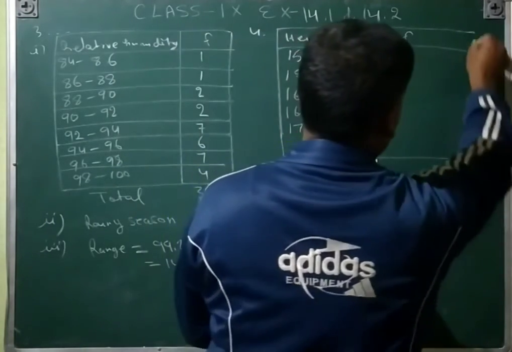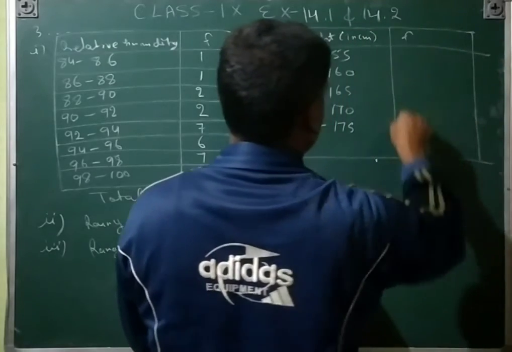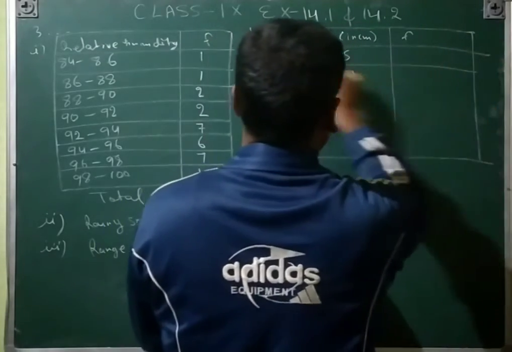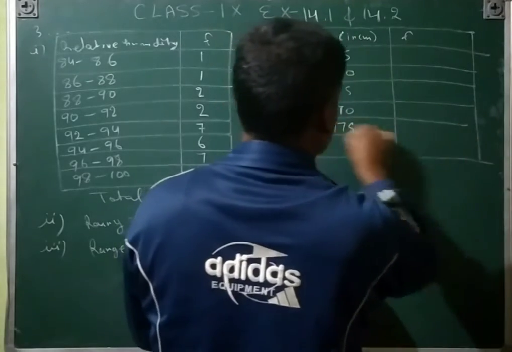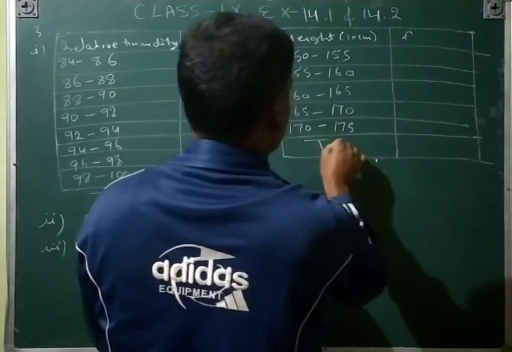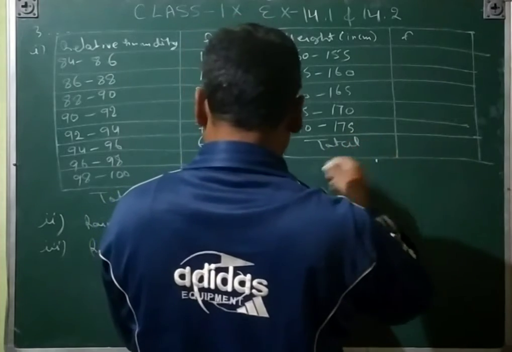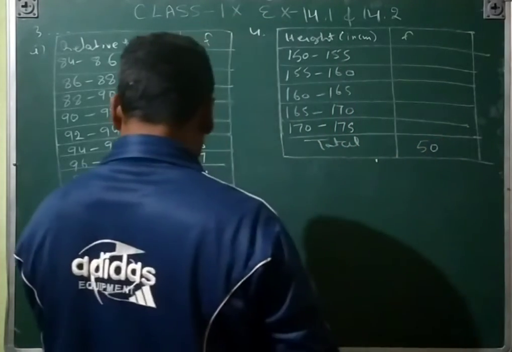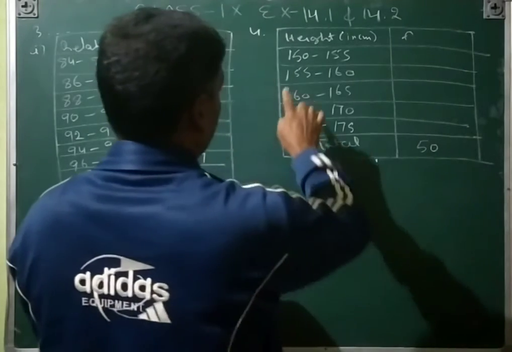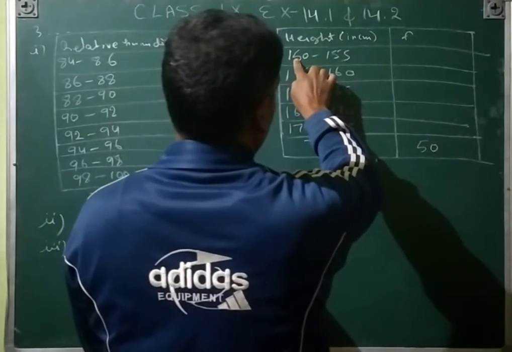So we will leave it here. This is the total. The total must become 50, as given.